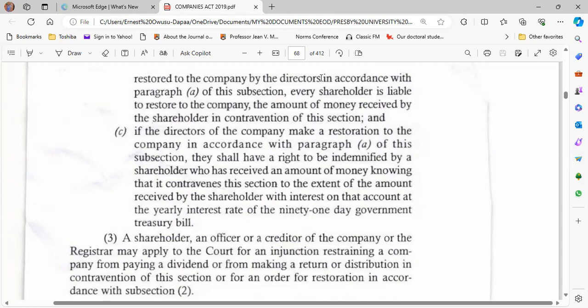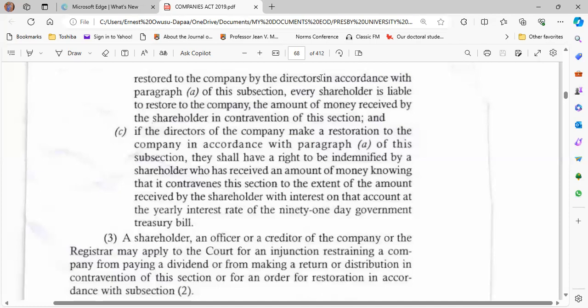Now, if it turns out that the distribution test, as we have explained, has not been met, and for that matter, the dividend so paid was illegal, and the directors have to restore the monies distributed as dividends, in this case, the 3 million Ghana cedis to the company, and in addition the accrued interest on same, using the 91-day government treasury bill rate.